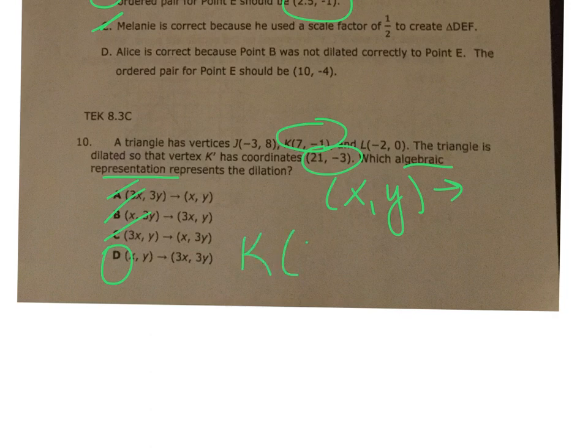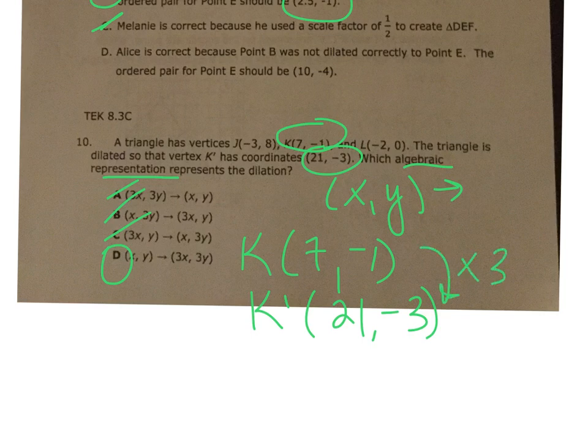So K is 7, negative 1, and K prime is 21, negative 3. I can see I multiply by 3 to get these new coordinates. So it's 3x, 3y.